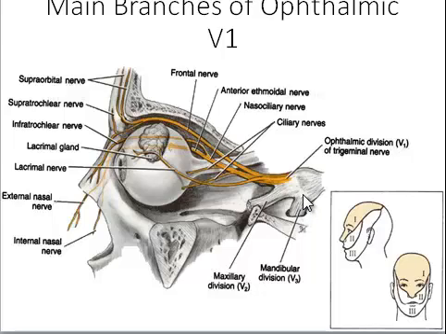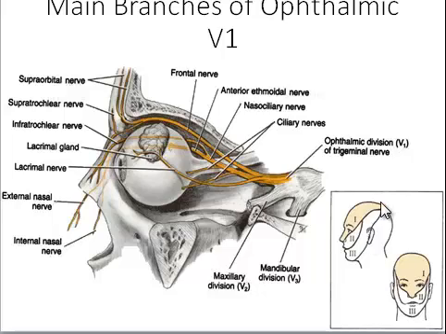And then finally our mandibular division, the foramen ovale. And we can see the lacrimal nerve, the infratrochlear, supratrochlear, supraorbital. What I would like you to know are the three main branches, the frontal, the nasociliary, and the lacrimal, are all divisions or smaller units of the ophthalmic branch of the trigeminal nerve.